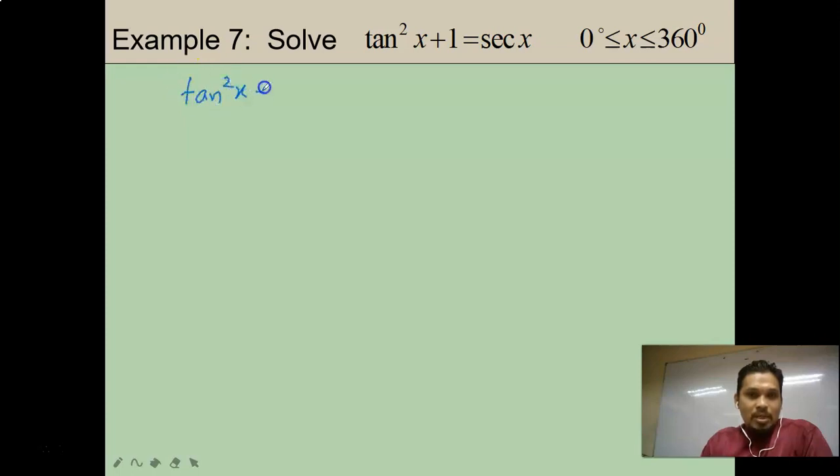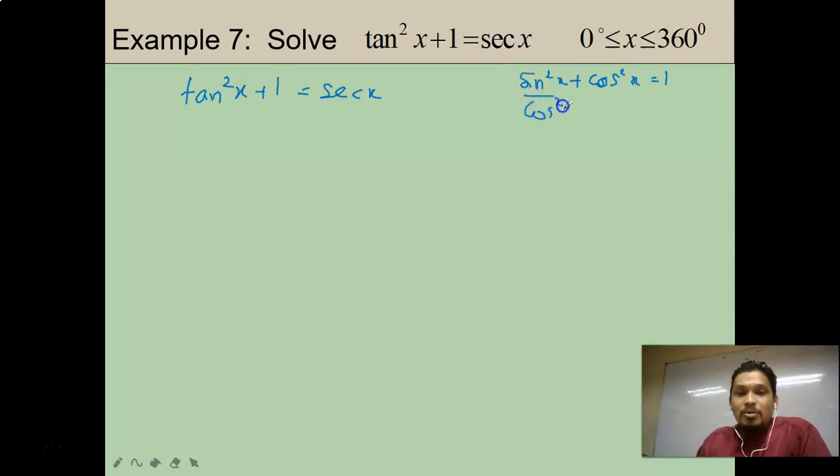For this one here, we can try to recall the identity: sine square x plus cos square x equals 1, and divide by cos square x.